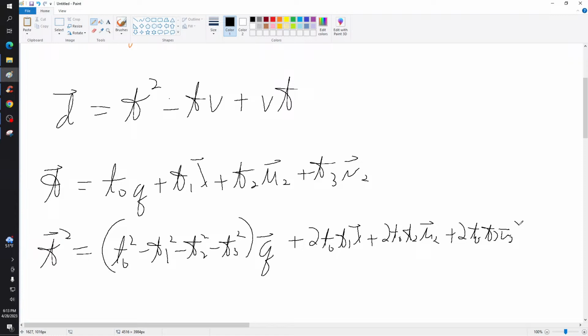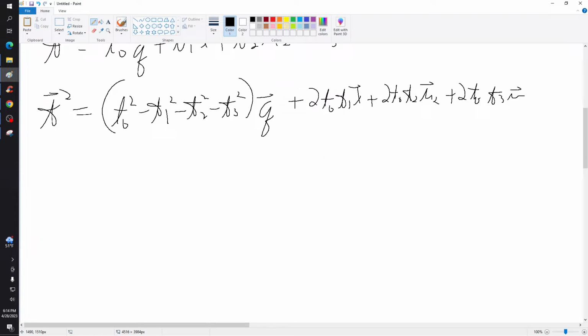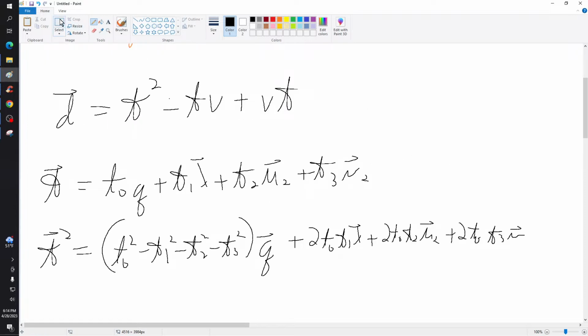Okay? That is the square of any quaternion for ijk or lambda mu nu. Doesn't matter. Okay? Now we got to look at negative tv plus vt.